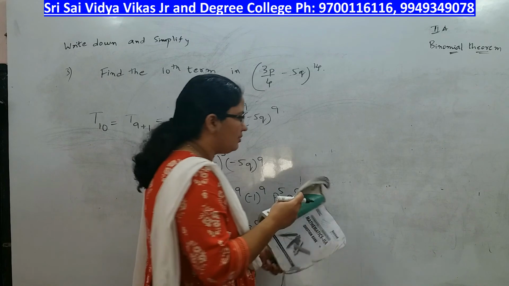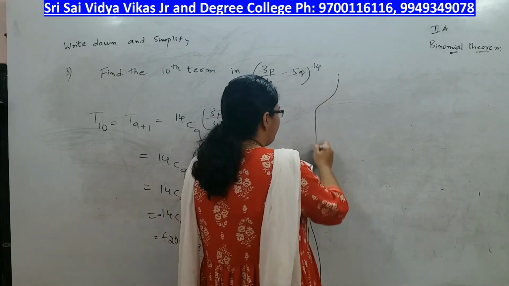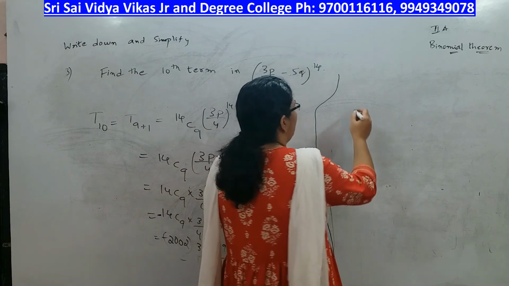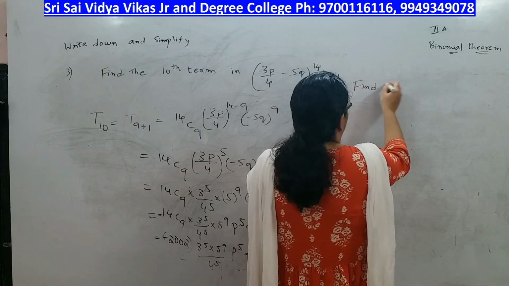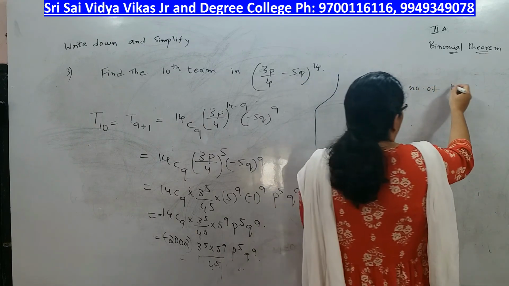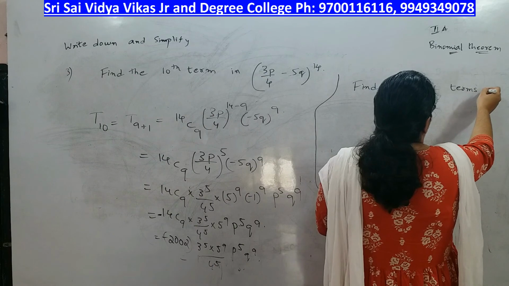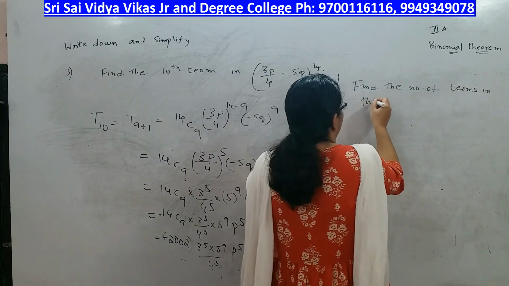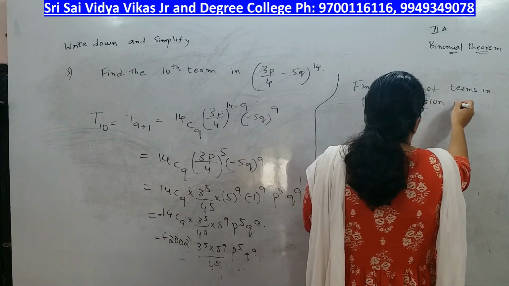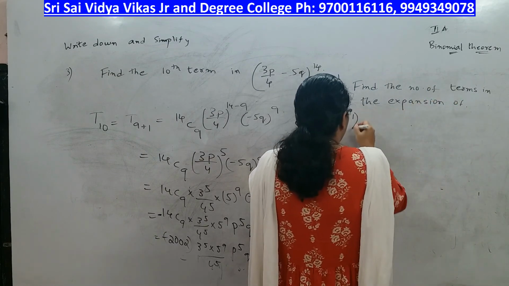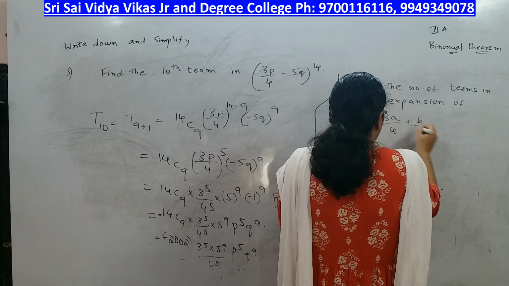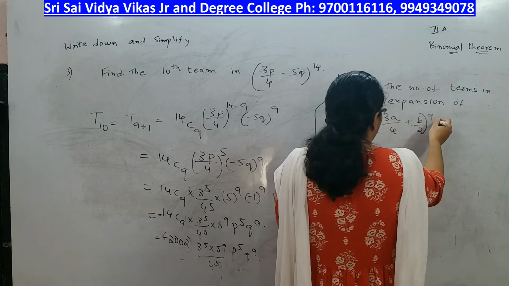Let us discuss the next problem. Find the number of terms in the expansion of the first one, (3a/4 + b/2) whole power 9.